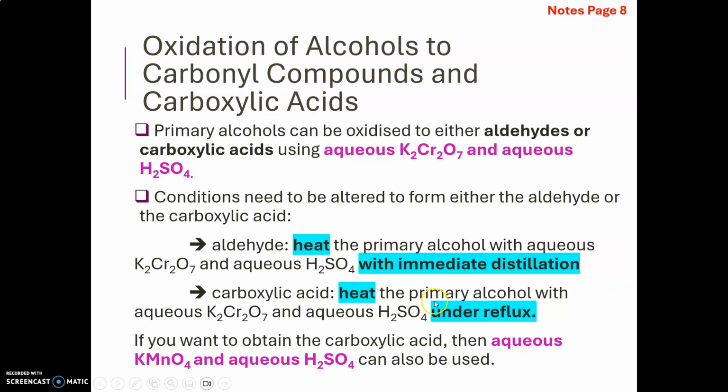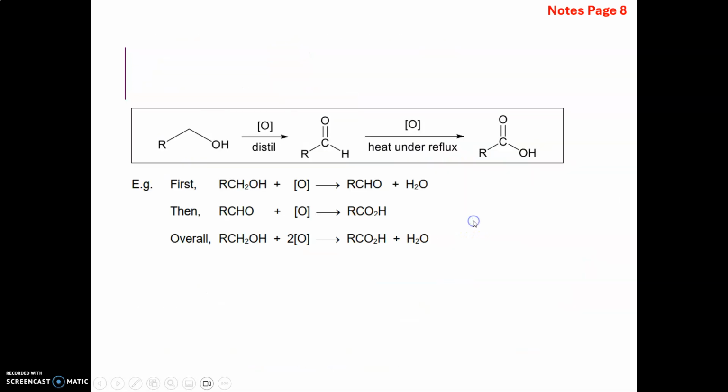Take note that because aqueous potassium manganate(VII) and aqueous sulfuric acid together is a stronger oxidizing agent than acidified potassium dichromate(VI), we are unable to obtain the aldehyde if we are using acidified potassium manganate(VII). So this is the equation for the reaction. The [O] represents an oxidation reaction, and this is the convention by which we represent organic reactions involving oxidation.